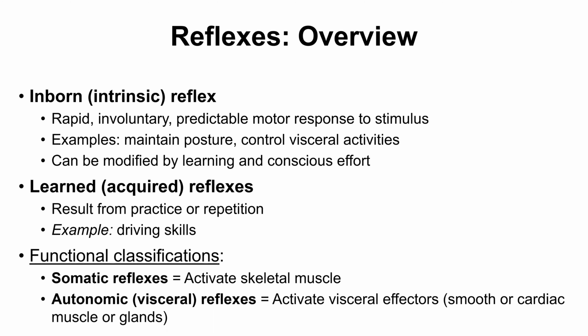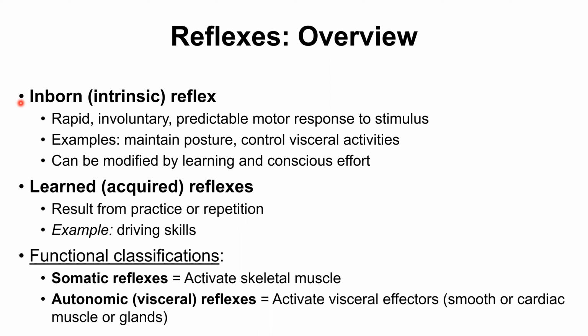So in general, reflexes can be divided into classifications. So we have inborn or intrinsic reflexes. And these reflexes are the rapid, involuntary, very predictable motor responses to a stimulus. An example of an intrinsic reflex would be maintaining posture or controlling visceral activities like digestion.